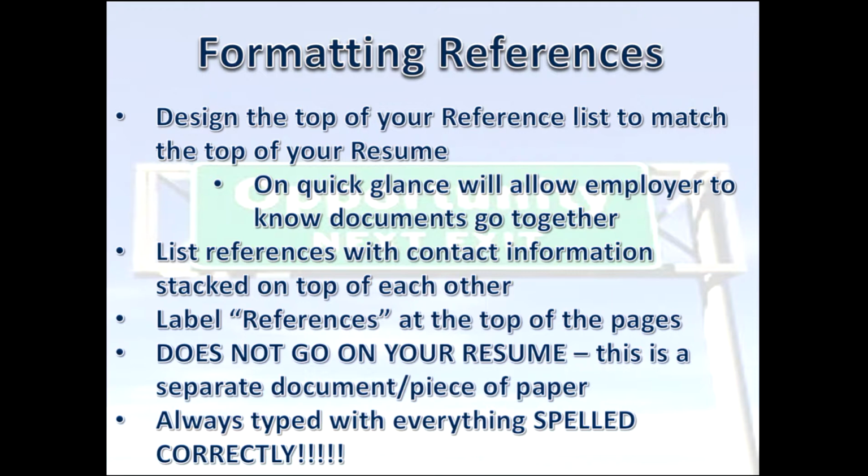When your contact information is finished, however you have that formatted, just the word References goes in the center at the top of the page. If you've ever lived through one of my APA citation pages, and you wrote References at the top center, no bold, no underline, same thing, same concept.